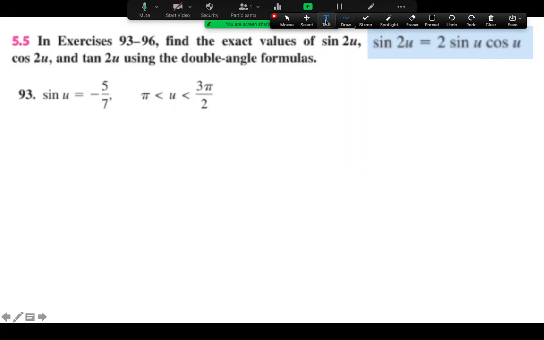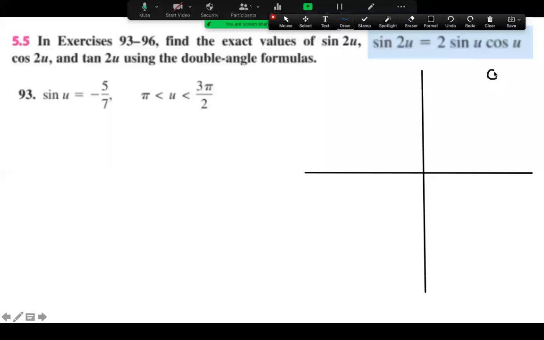So the first thing I'm going to do is draw a coordinate plane, and I'm going to label the quadrants. So we have quadrant 1, which goes from 0 degrees to 90 degrees, or pi over 2. Quadrant 2 goes from pi over 2 to pi, which is also known as 180 degrees.